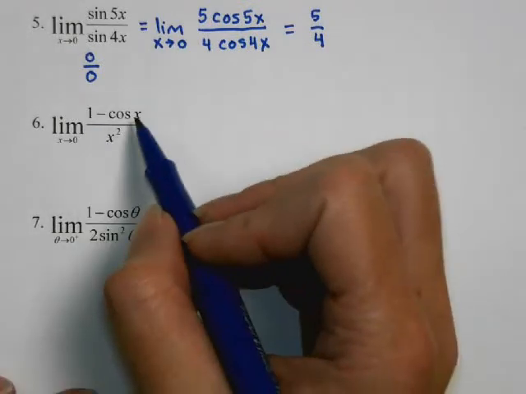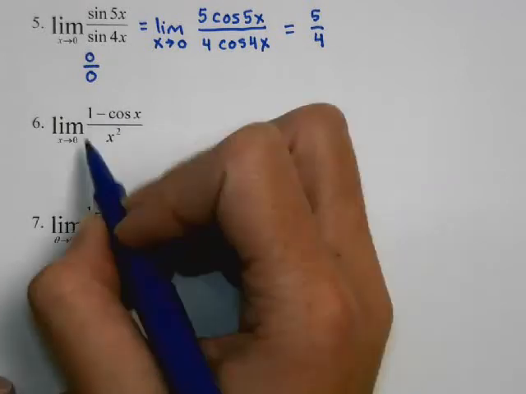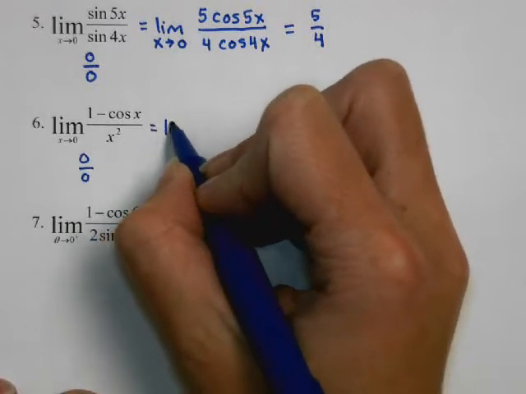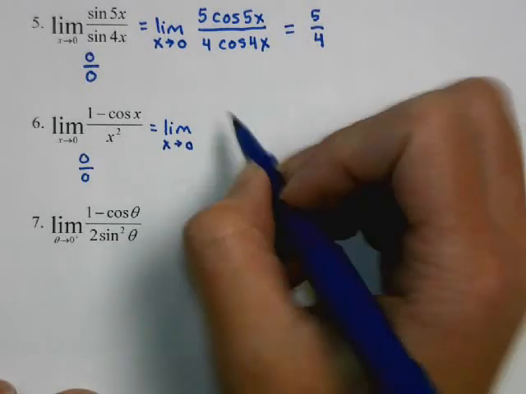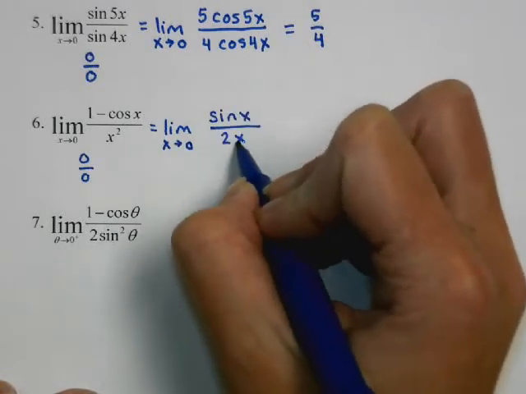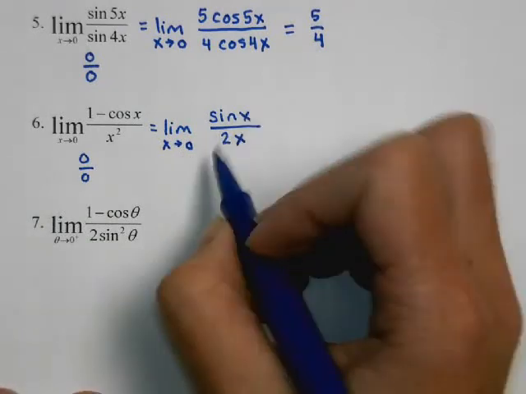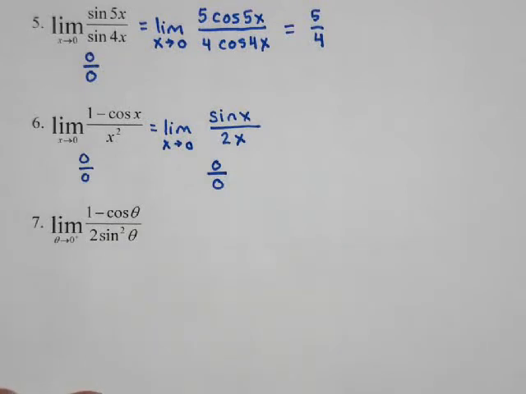All right, in this next one, same, if I plug in 0, I'm going to have 1 minus 1 over 0. So this is 0 over 0. So this is going to be the limit as x goes to 0 of the derivative here, which is still going to be sine of x over 2x. If I plug in 0, we're going to get 0 over 0, which means we need to do the derivatives again.